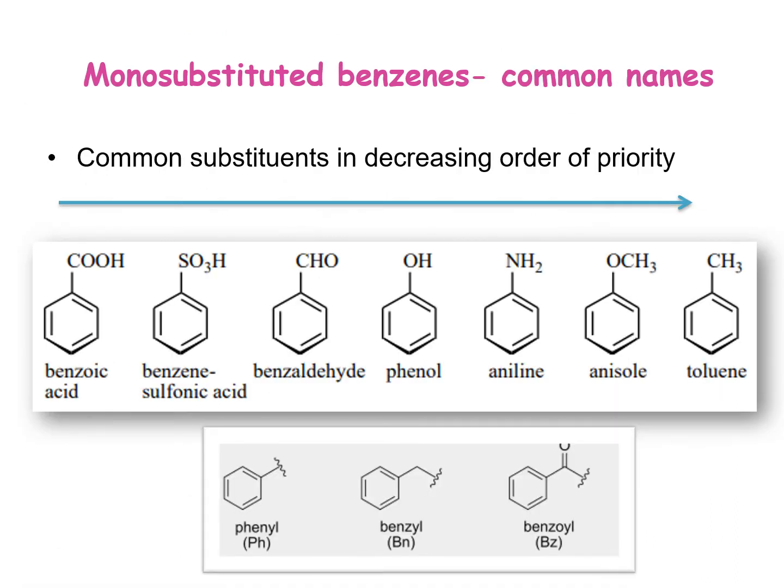But in the case of these benzene derivatives, common names are more preferred. They depend upon the properties as well as the sources from which they were obtained. So common names are prevalent like benzoic acid, then benzene sulfonic acid, phenol, aniline.